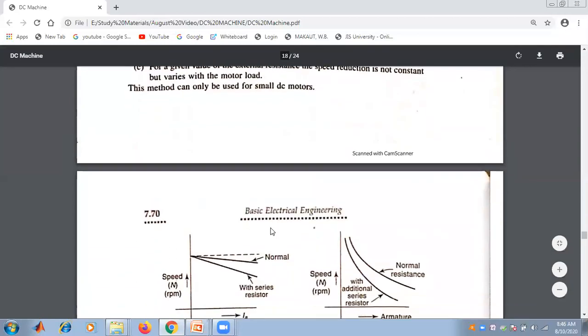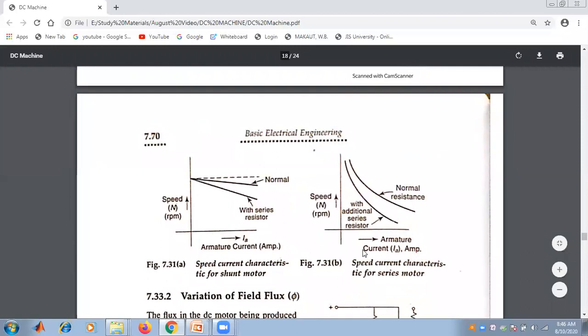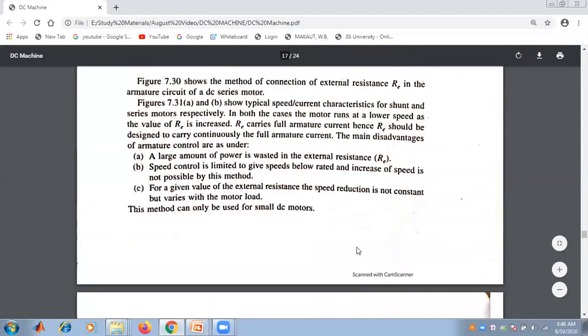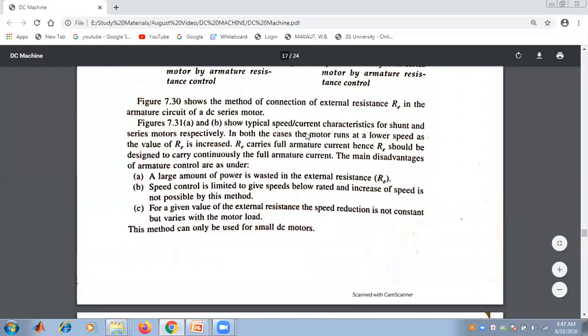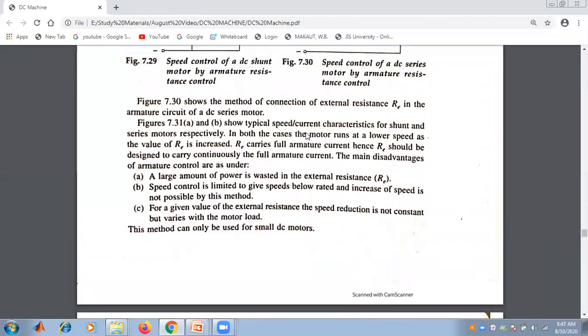From both figures, we obtain the speed current characteristics for both shunt and series motor. Both figures show the typical speed current characteristics for the shunt and the series motor.